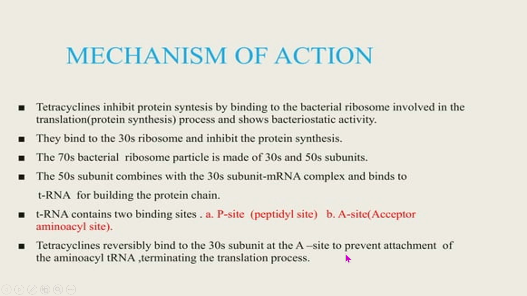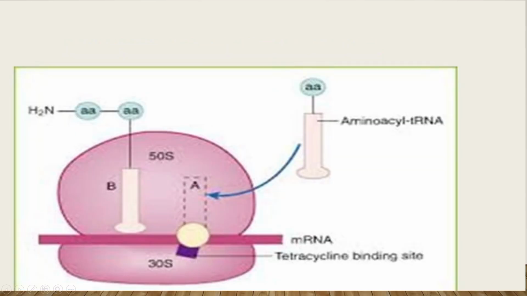Now tetracycline reversibly binds to the 30S ribosomal subunit at the acceptor site to prevent the attachment of the aminoacyl tRNA, and terminates the translation, that is the protein synthesis procedure.